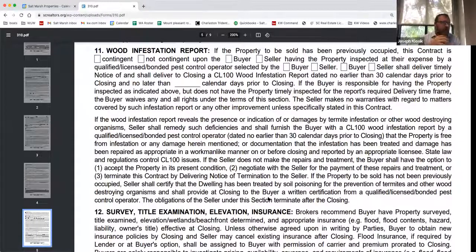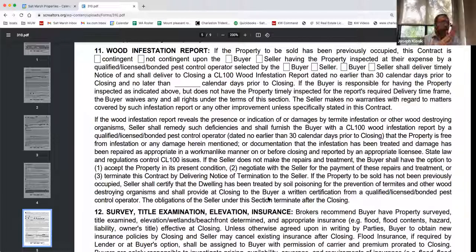And then the buyer or seller shall deliver timely notice of the CO 100 report no earlier than 30 days prior to closing and no later than blank days prior to closing. In the event anything comes up in this report that needs to be addressed to clear it, the seller has agreed that they will do it in order to move forward with the contract. However, if they do not do it, the buyer is not required to move forward and they are not penalized.